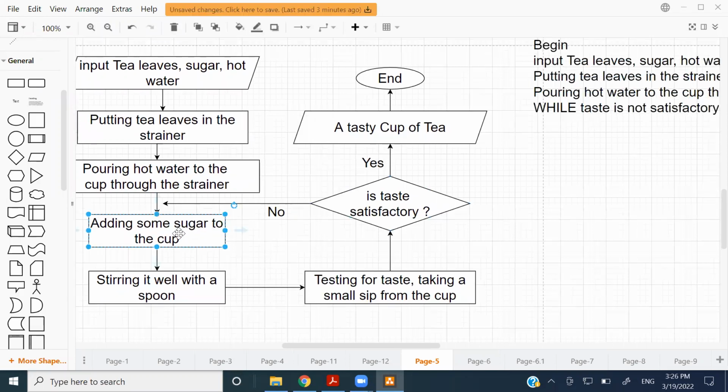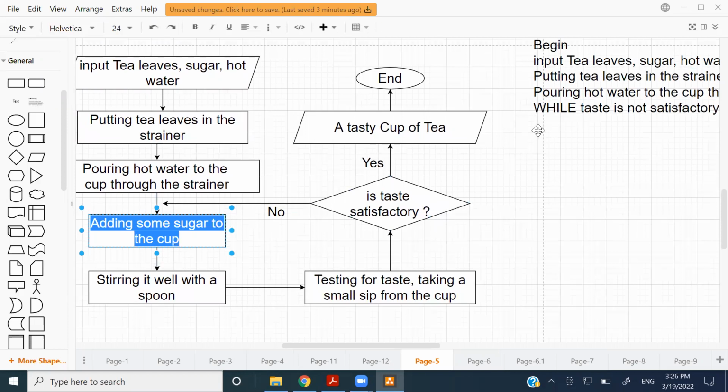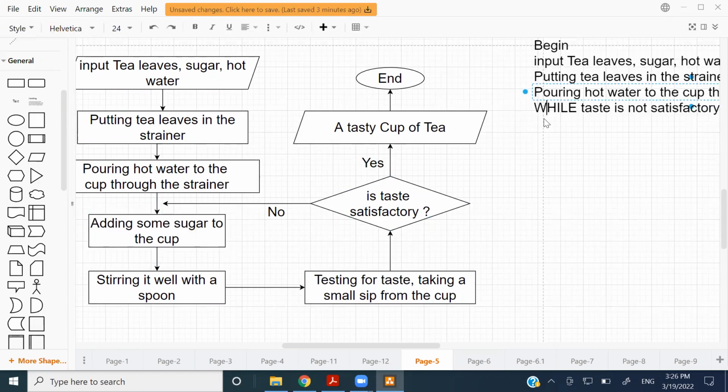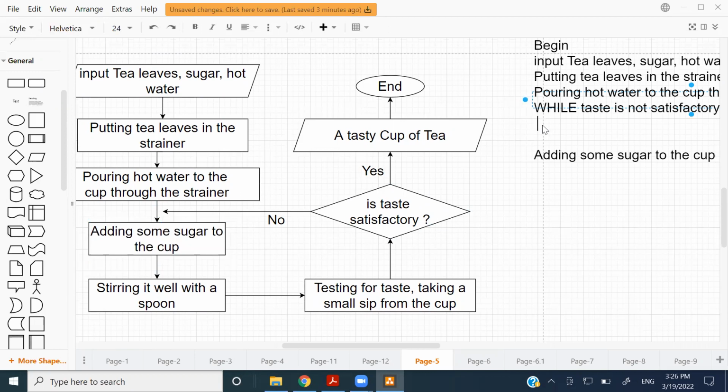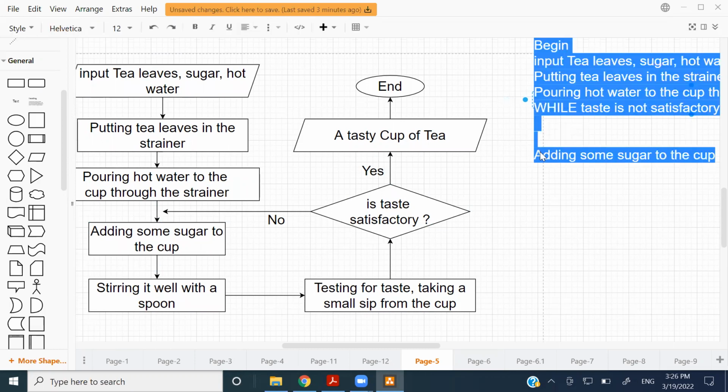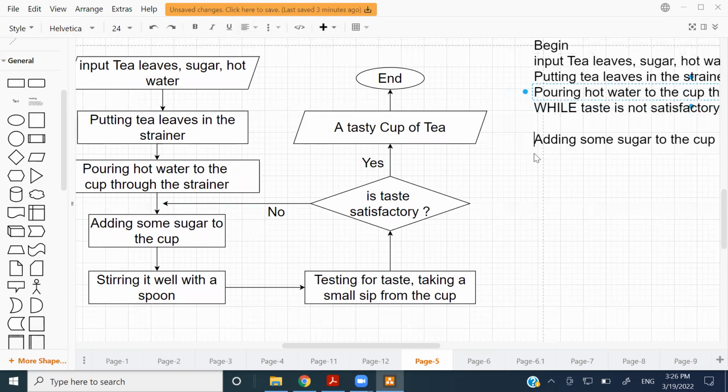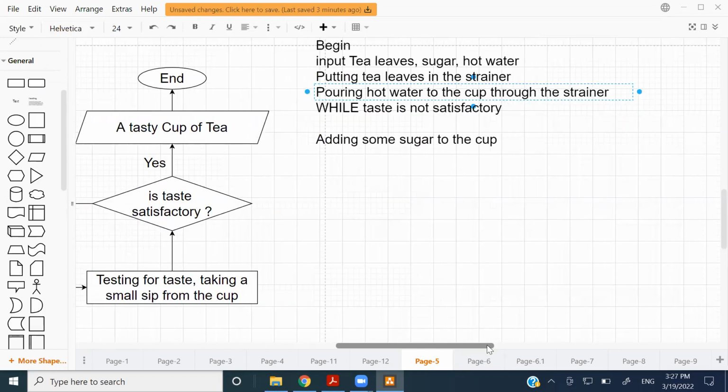Then if it is true, then these three things should happen, right? Okay, what is going on? Hold on a second, people. For some reason, it's not.